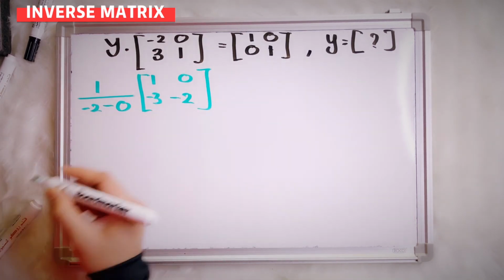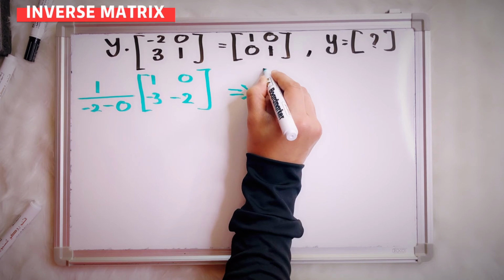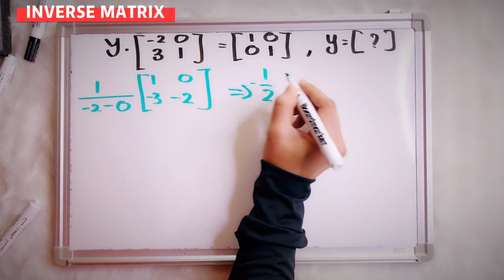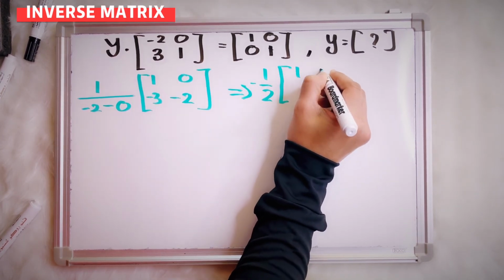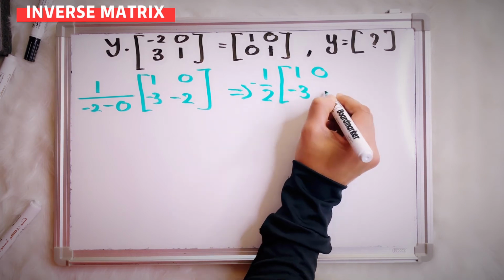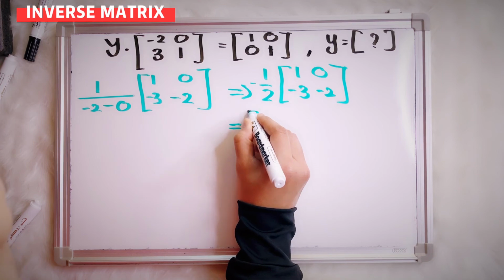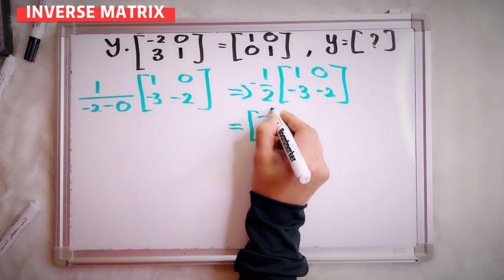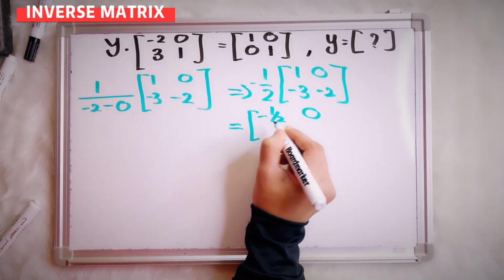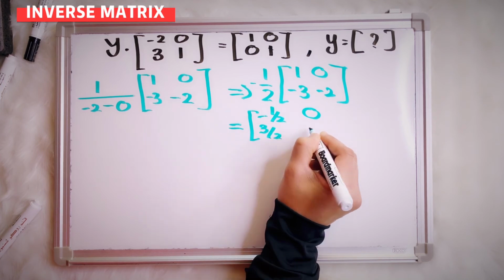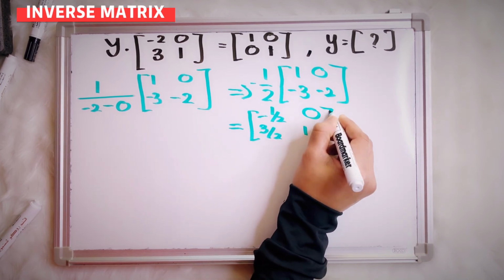So now we will have here 1 over 2, negative 1 over 2, 1, 0, negative 3, negative 2. So that means here is negative 1 over 2, 0, 3 over 2, and 1.